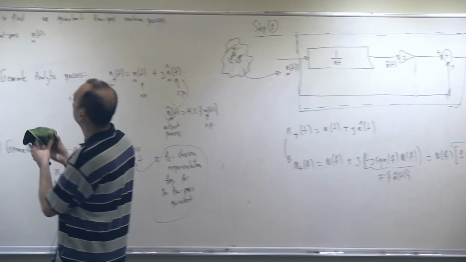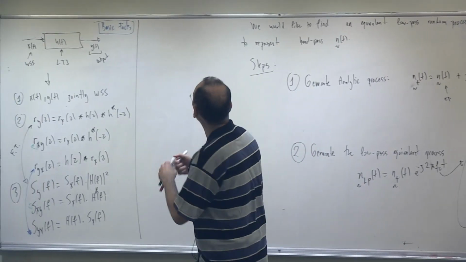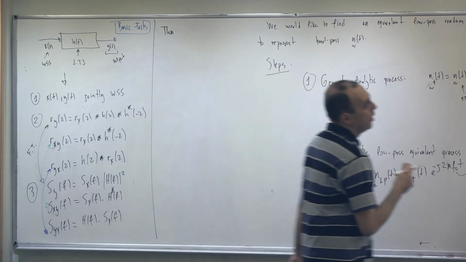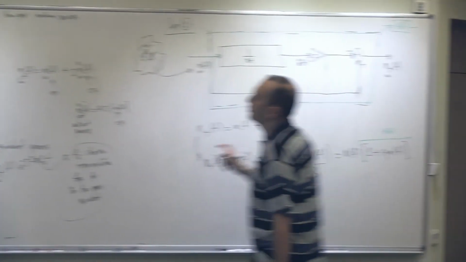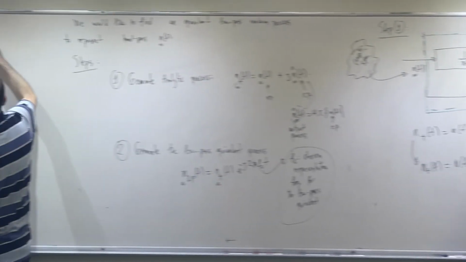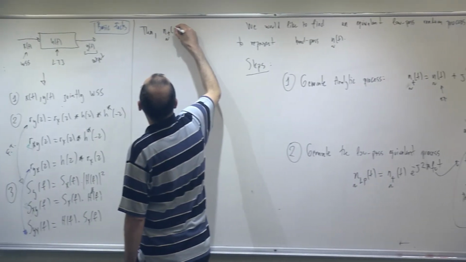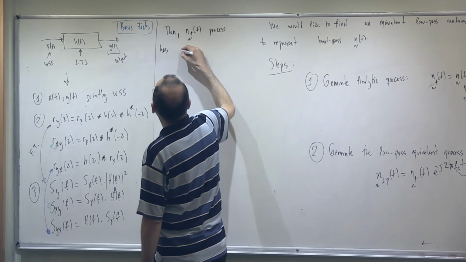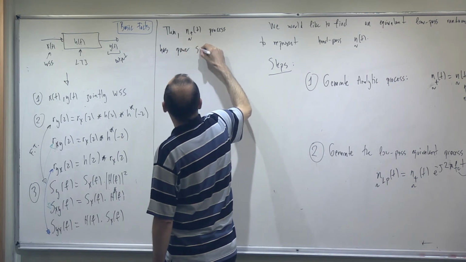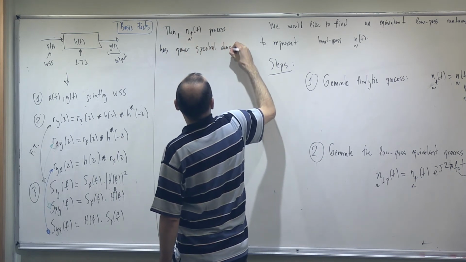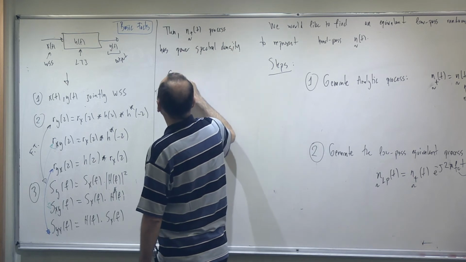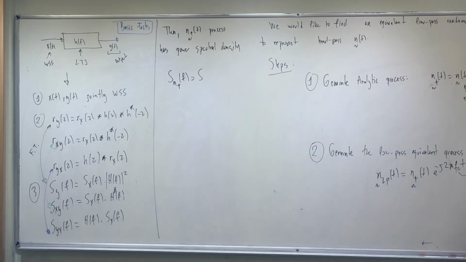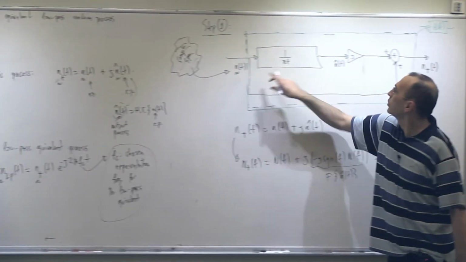This is step number 1, so let me use this part. Let's remember, I want to calculate the power spectral density of this. The n plus of t process has power spectral density S_n plus of f. So how can I calculate this? The input is processed by this filter.